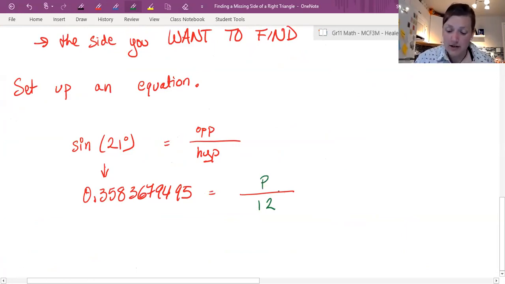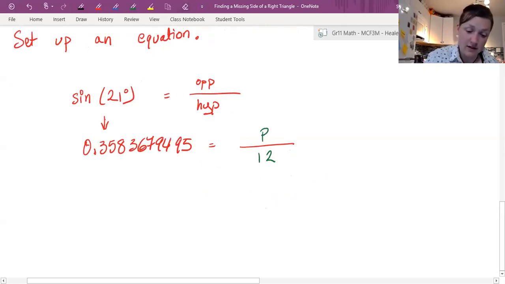We don't know it, but we know that whatever that side is, when you divide it by its hypotenuse, you're going to get this ratio. So whatever P is, divided by 12, equals this number. This means we have an equation, and now we just use algebra to solve.